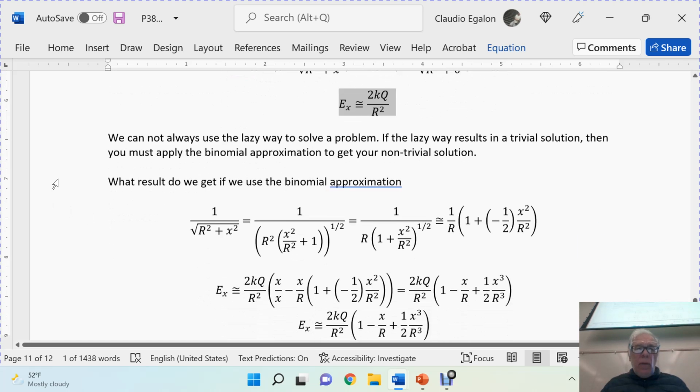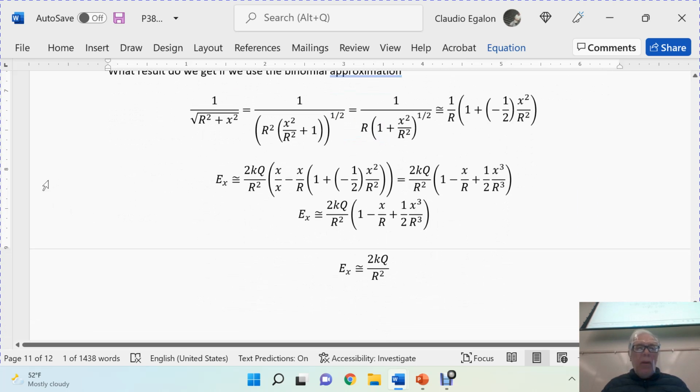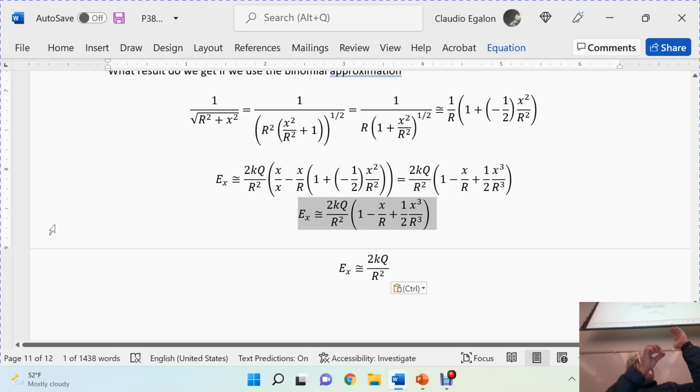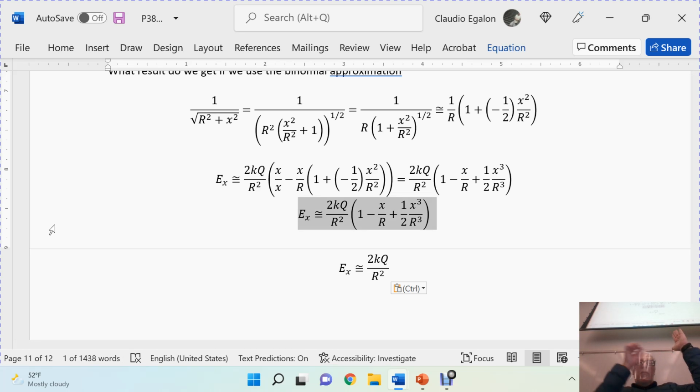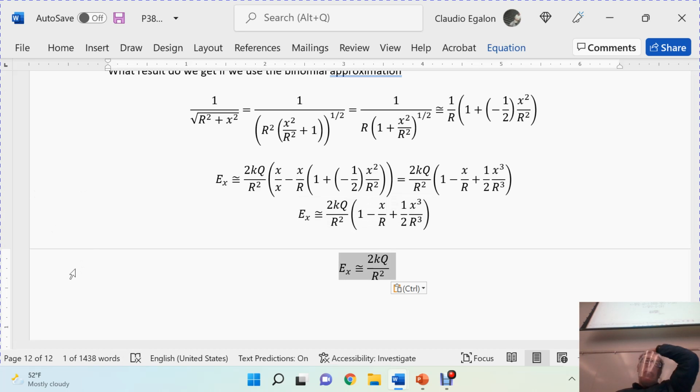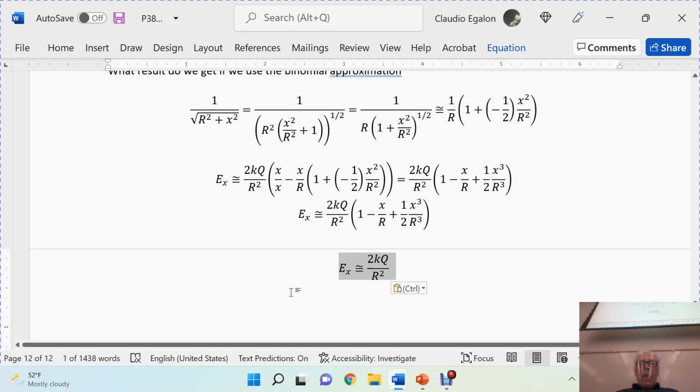If you want a first order or a third order approximation, sometimes we need to do that, this would apply for points that are a little bit further away from the charge distribution. The experiment that you did last week, you're going to get an electric field that's uniform, and that's what I'm going to show to you today when we start plotting the graphs. And we get 2kq over r squared.